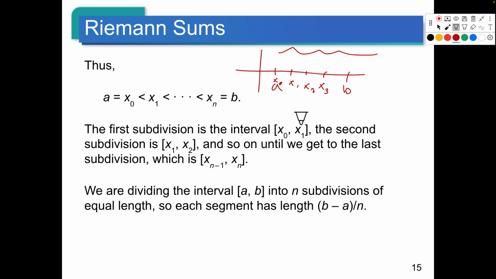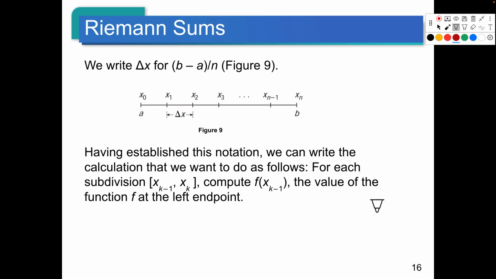And what we're going to do is make rectangles that go up to the curve and over to the next one. This one will go up to the curve, over to the next one. And a lot of curves, you'll get some that will overestimate and some that will underestimate, and so forth. But you always take the endpoints, subtract them, and divide by however many intervals they want, subdivisions.